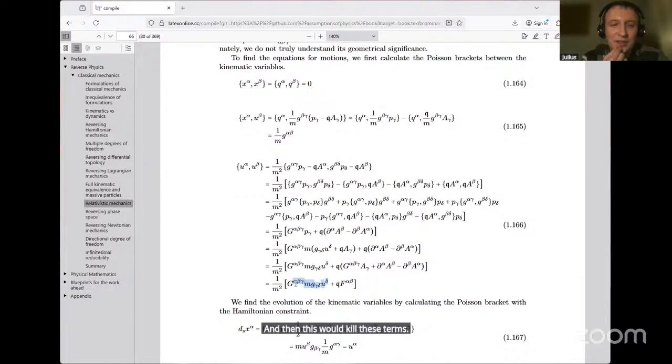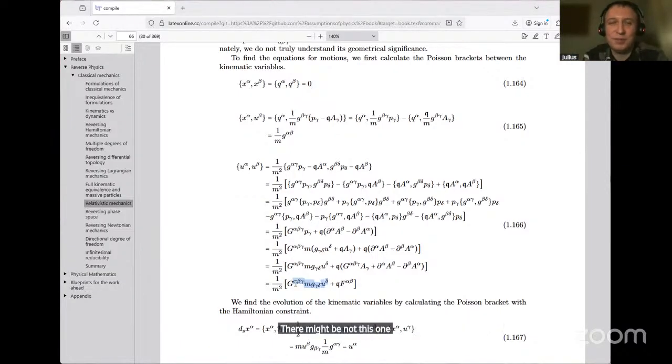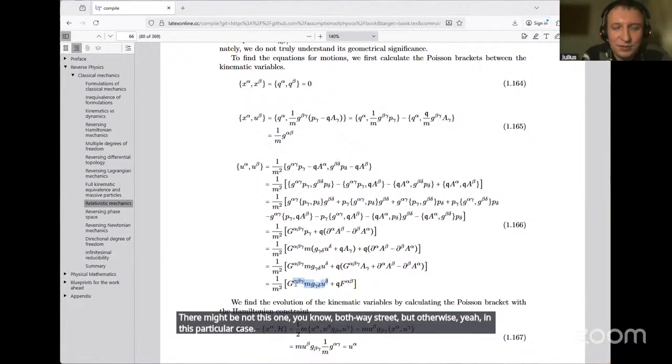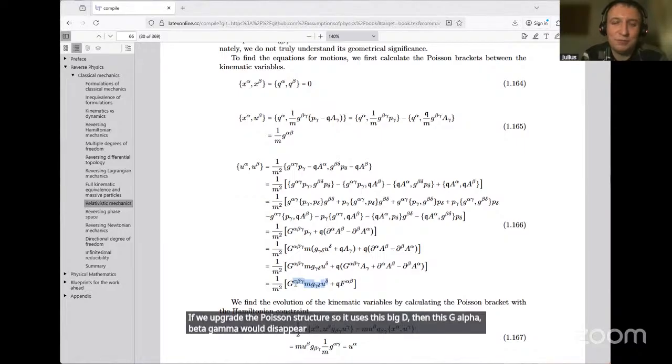Examples where there is no symplectic form are the motion of a rigid body, or spin, or bodies with spins. In this particular case, if we upgrade the Poisson structure so it uses this big D, then this G alpha beta gamma would disappear, and again we would be left with F_AB.